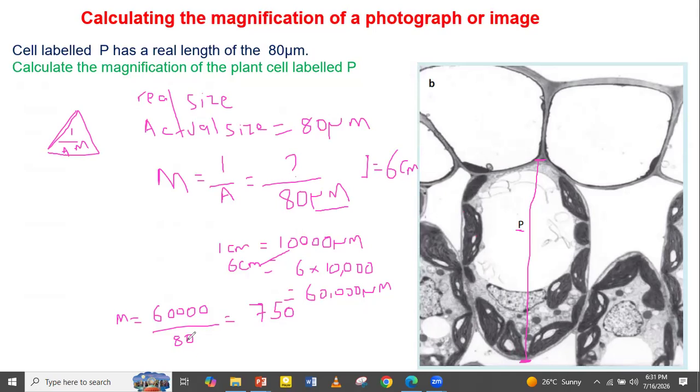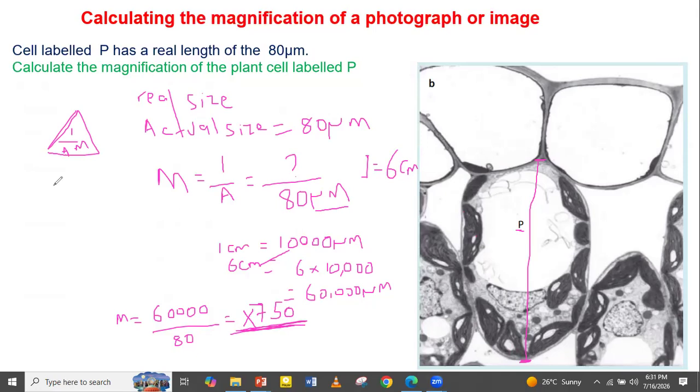That is the magnification, but magnification has units. The unit for magnification is simply a multiplication sign in front of the value that you have obtained. Don't forget to write your units. This is the magnification. That means that this cell labeled P was magnified 750 times.